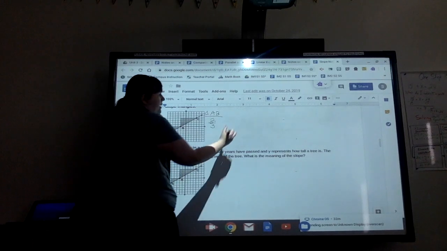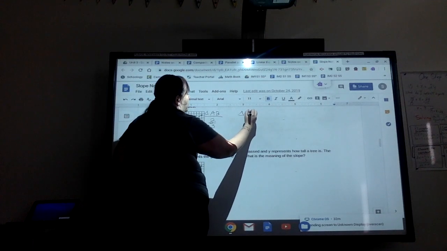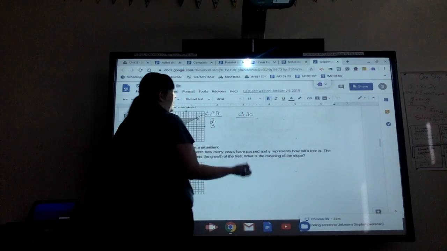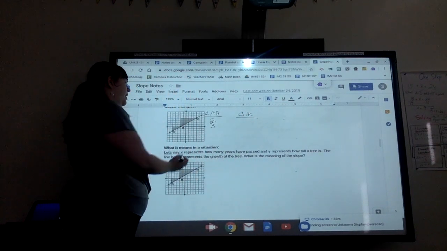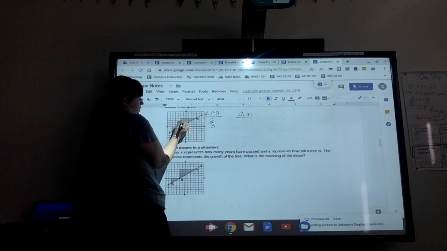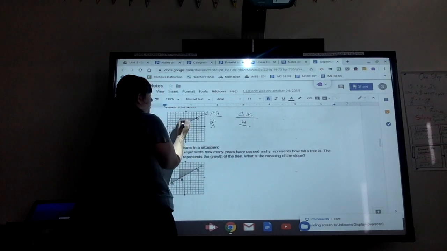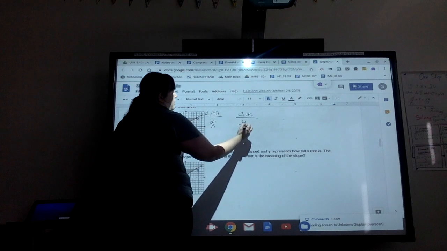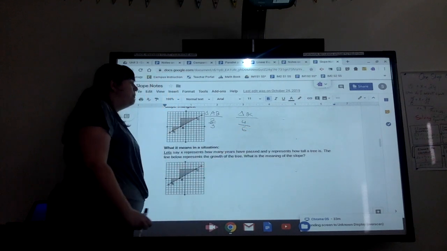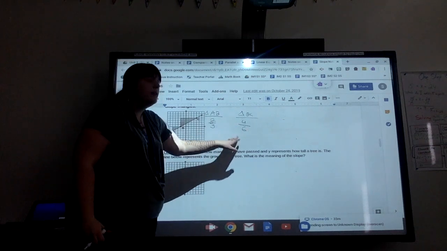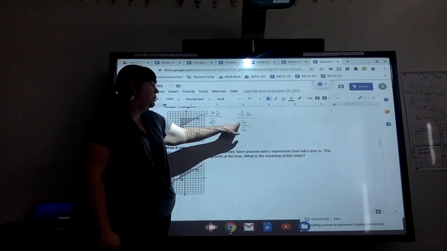Well, if I did triangle BC, I did its slope, my change in y, how far up, it's going up 1, 2, 3, 4, divided by how far over, 1, 2, 3, 4, 5, 6, to get to that C. But look at these two fractions. They're the exact same. If I divide 4 by 2, I get 2.